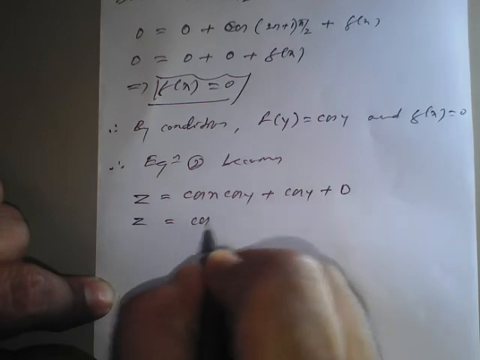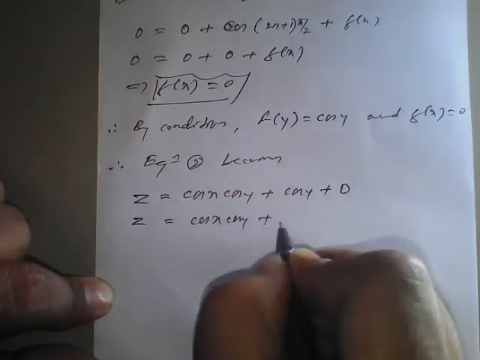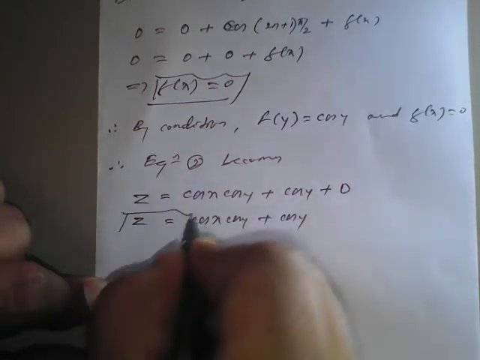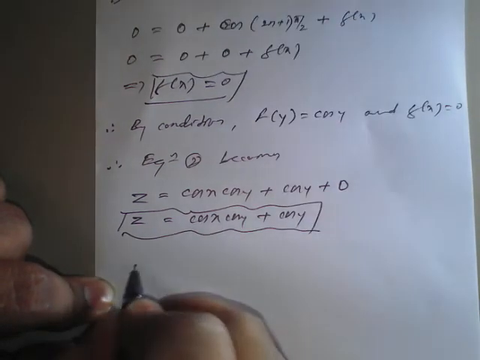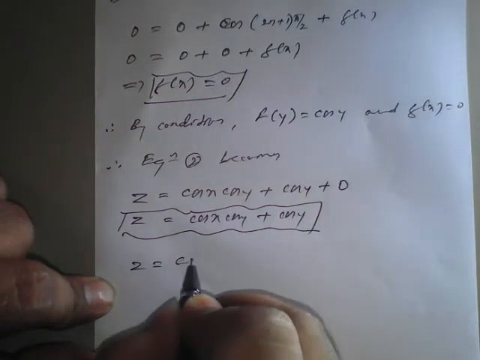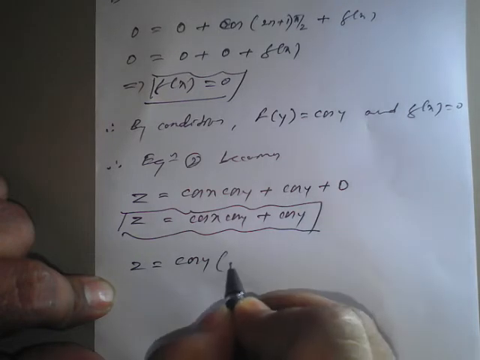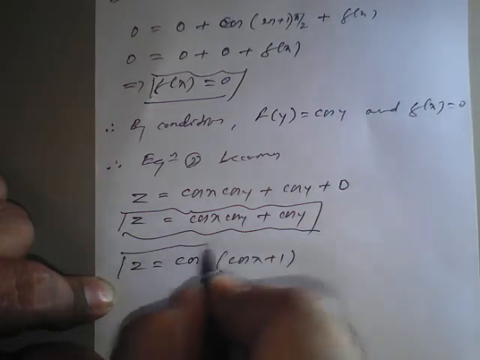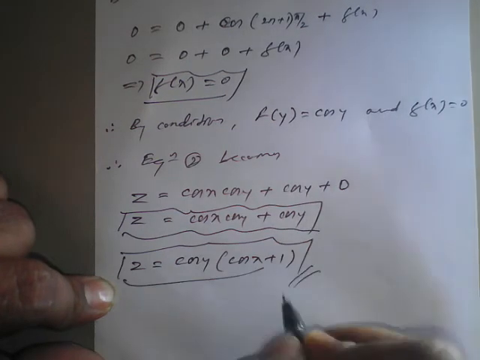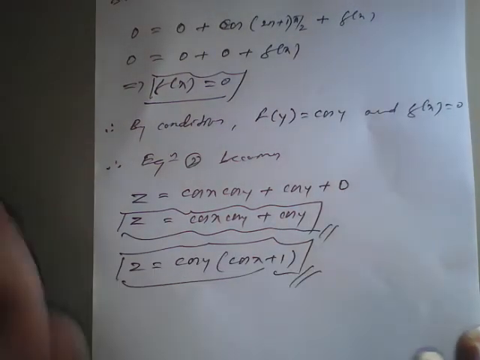So therefore z is equal to cos x cos y plus cos y. So this is the answer, or else you can take cos y common, z is equal to cos y times, what is left inside is cos x plus 1. Either this answer or this answer.